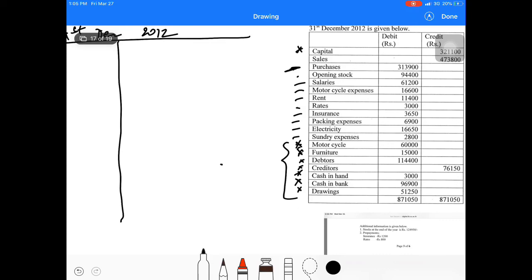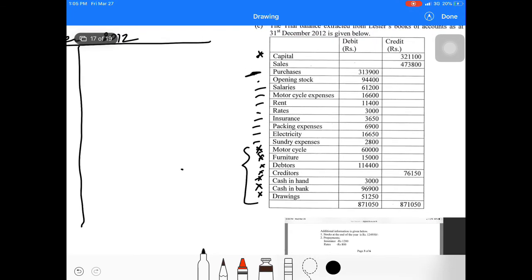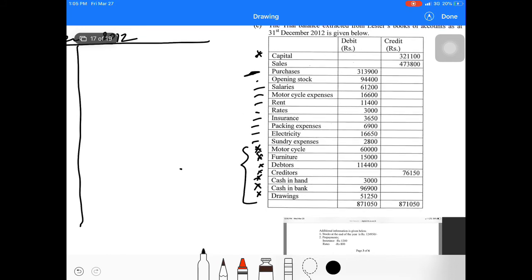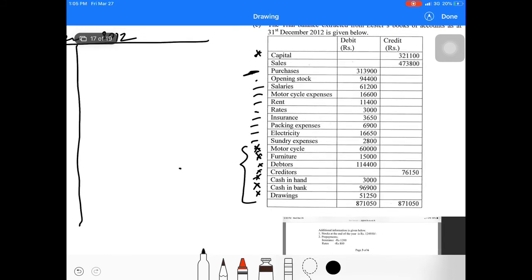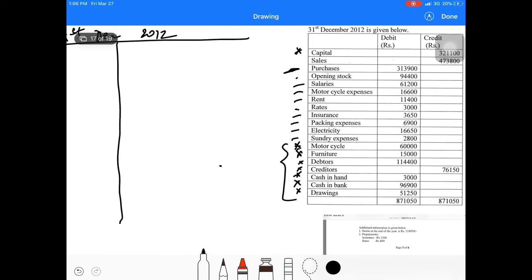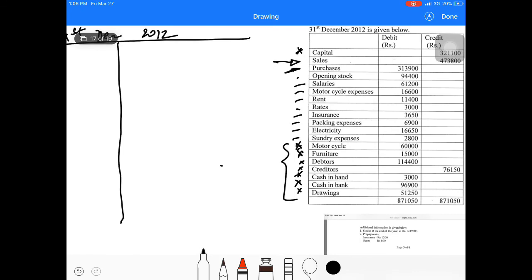Same here, capital is also not shown in the profit and loss account because it's not an expense or income during that particular period. So the only way the company receives money is by sales. So this is the only revenue we have so far. So we write it here.